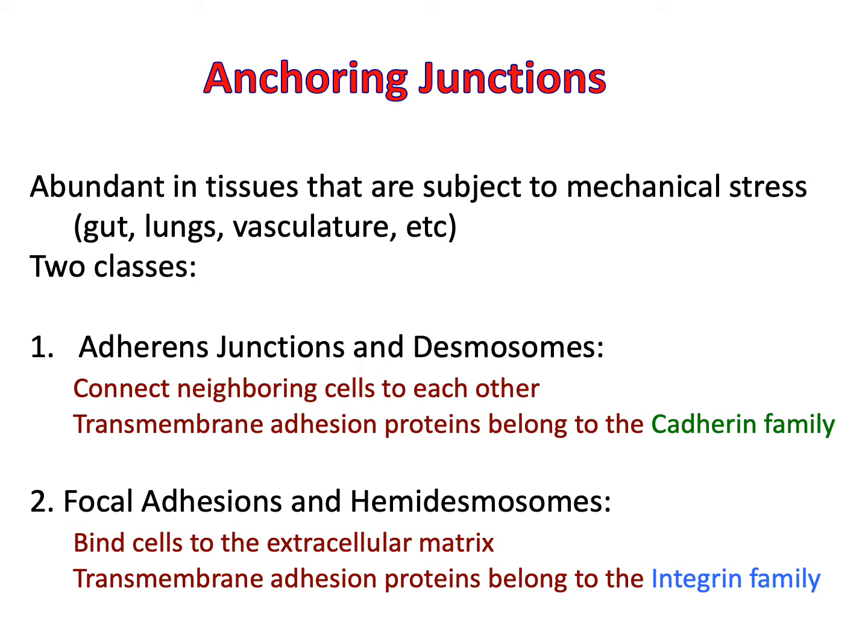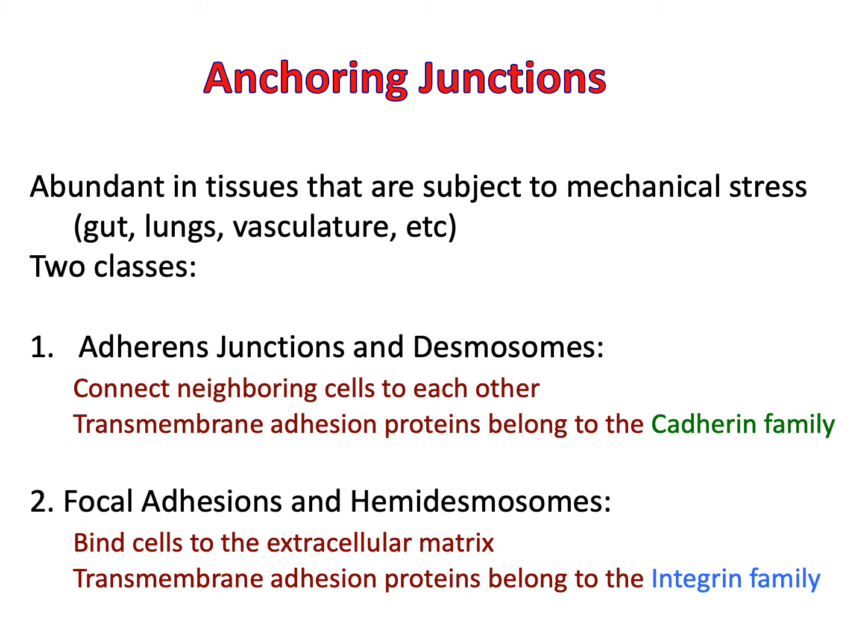We'll start with anchoring junctions. These are present in most tissues throughout the body, and they're particularly abundant in tissues that are subjected to routine mechanical stresses, such as the gut, lungs, tissues that are constantly undergoing movement. We can divide them into two classes based on their transmembrane adhesion proteins.